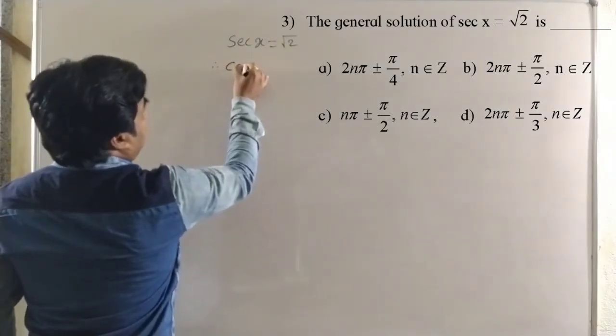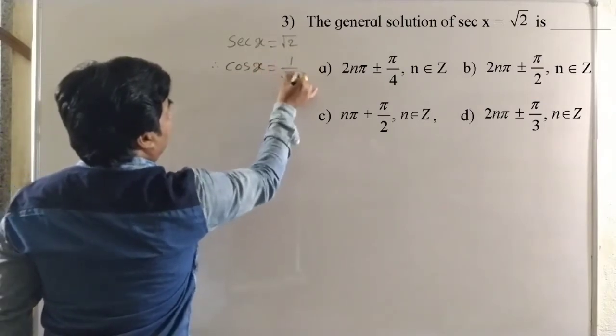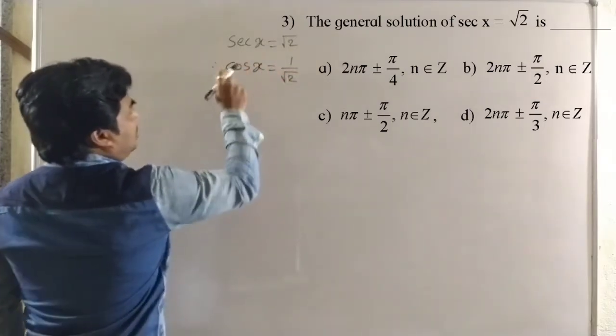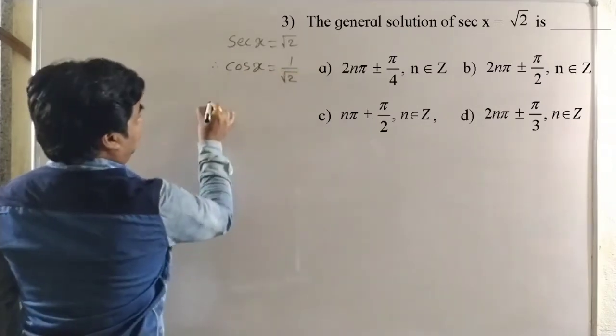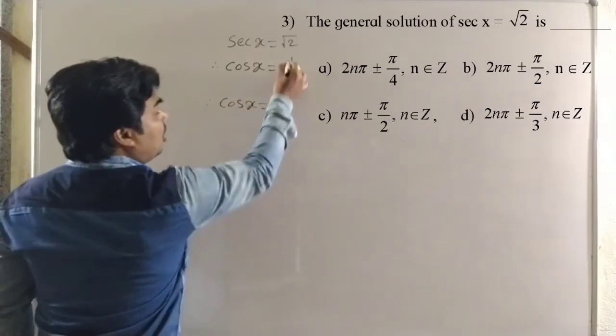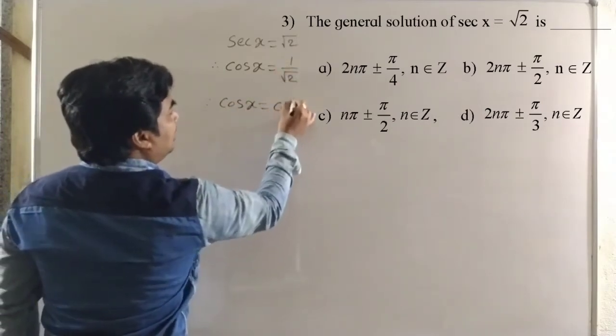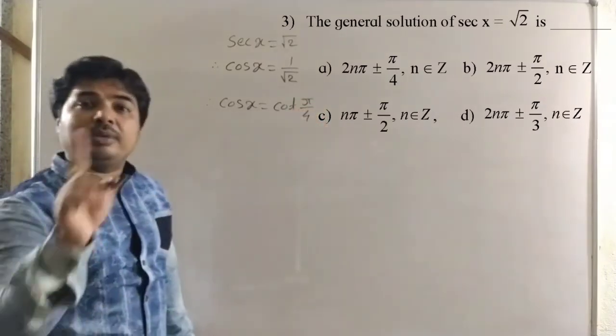Sec and cos are reciprocals of each other. Therefore cos x is equal to 1 by under root 2. Cos pi by 4 is 1 by under root 2.